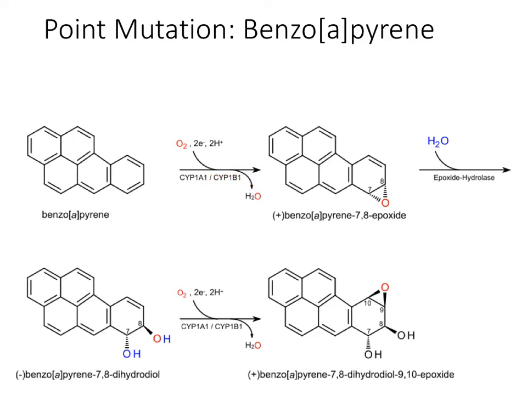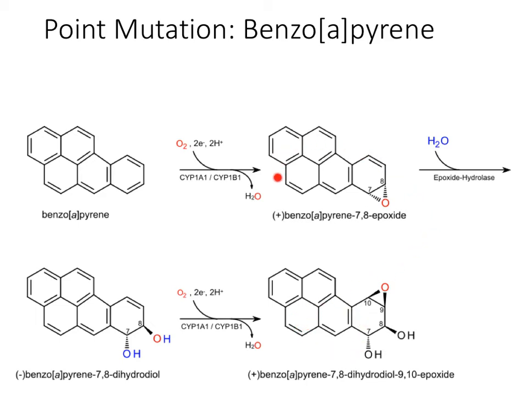These enzymes chemically modify the molecule to make it water soluble so we can excrete it. We want to get these chemicals out of our bodies. It helps if we can make them water soluble so we can pee them out. And one of the first steps in doing that is to make epoxides that can then be reduced into hydroxyls, which makes this molecule a little bit more water soluble.